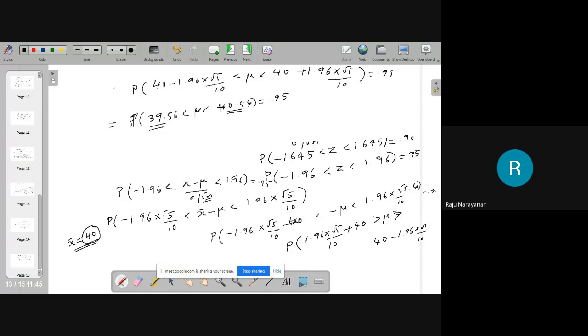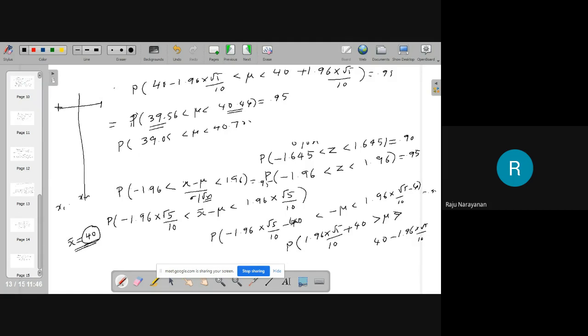Suppose you are getting another sample, then it may be something different because it is depending on x bar. That may be something like 39.05 less than mu less than 40.78. That's why it's a random interval.